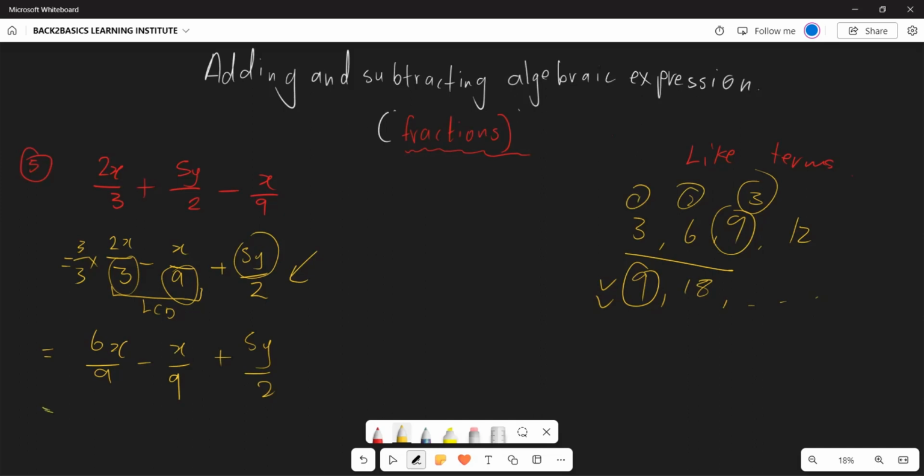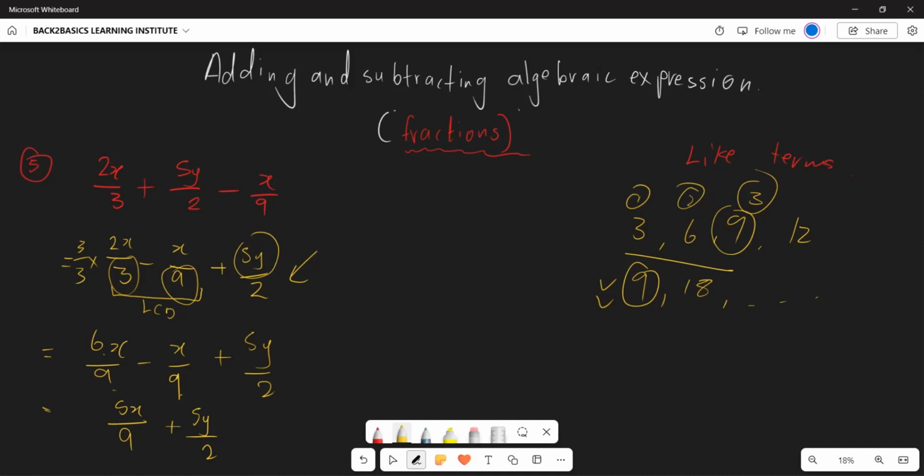Now let's continue. So now that you have the same denominators, you can write this under one roof, right? So this is going to be 9. What is 6x subtract x? Simple. This is going to give you 5x over 9 plus 5y over 2 altogether. And now here, these two are unlike terms, right?